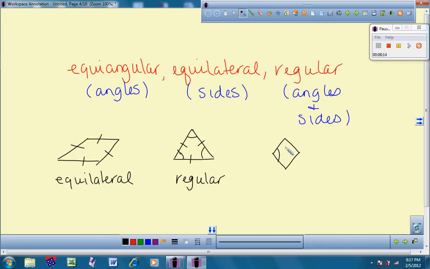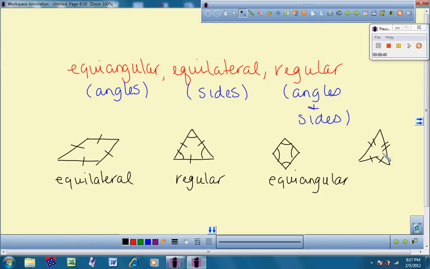Alright, next polygon shape. If we look at the marks that are given to us, we can tell that only the angle measurements indicate congruency, so therefore we would say this polygon is equiangular. Alright, and last polygon shape.